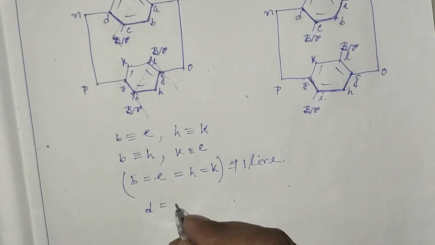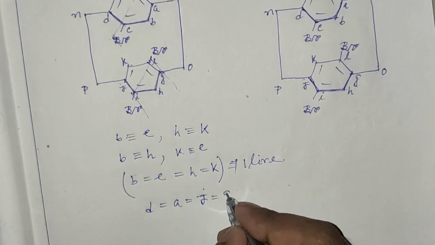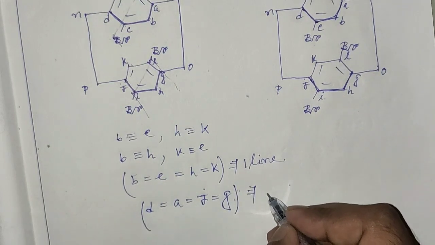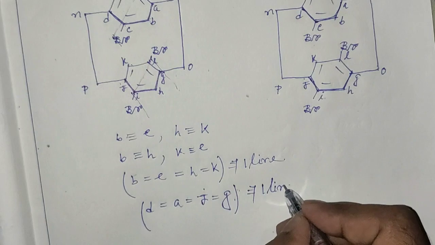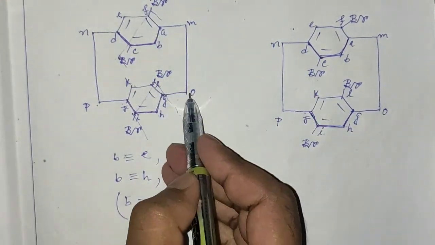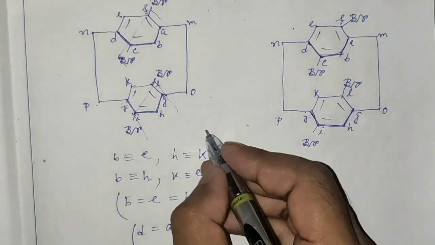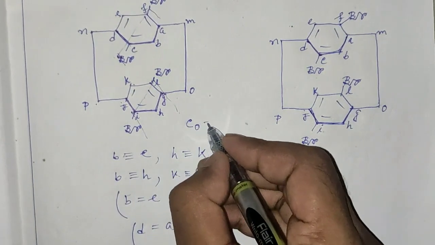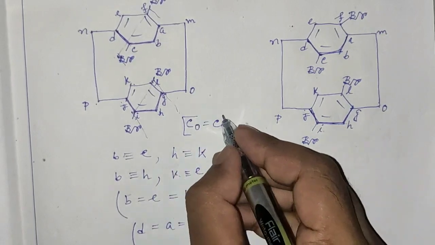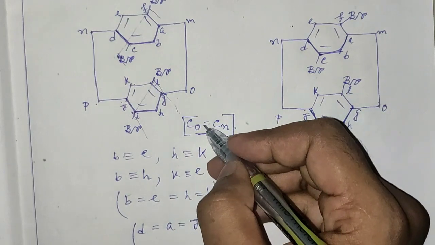So D = A = J = G. These 4 carbon atoms will be chemically equivalent and they will give one line. And for this sigma plane, this O carbon will be equivalent to N carbon, carbon O is equal to carbon N. It is written like this. We will consider it later.